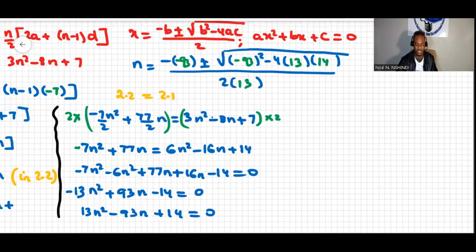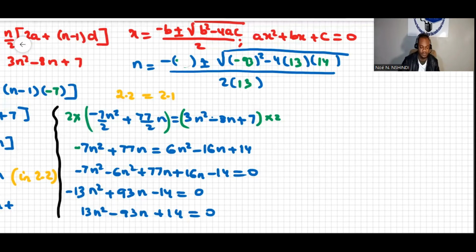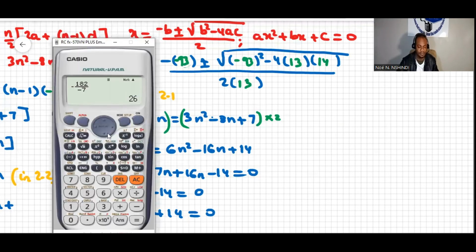Now let's use a calculator. Over here it's -93, it's not that clear. I cannot use plus-minus on the calculator, so I use them separately. Let's first work out the plus.